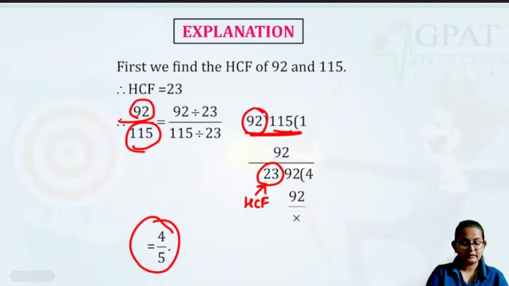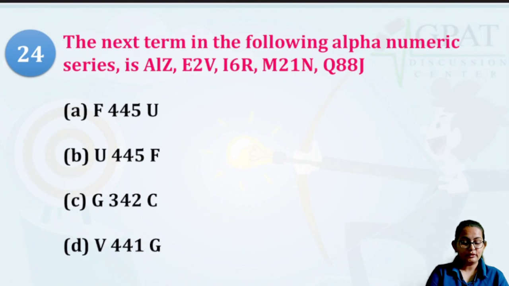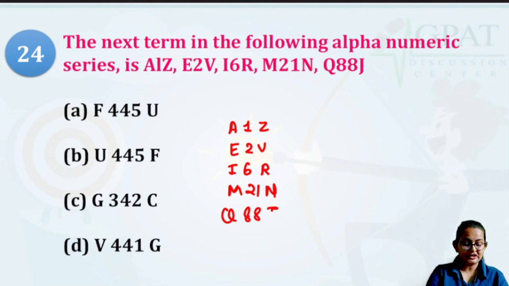Okay. Then is question number 24. It is saying the next term in the following alphanumerical series is: A1Z, E2V, I6R, M21N, Q88J. What you can find is AEIMQ.